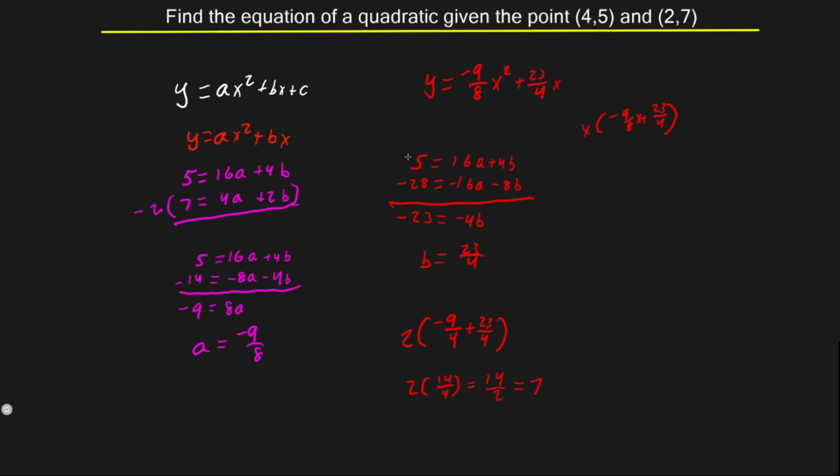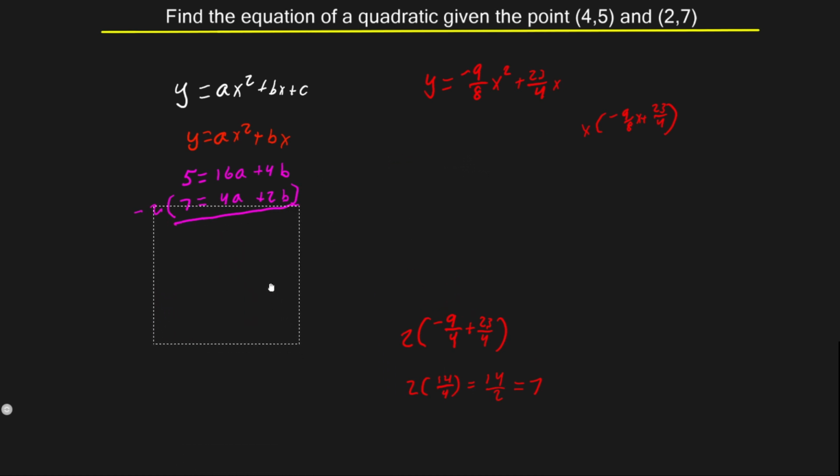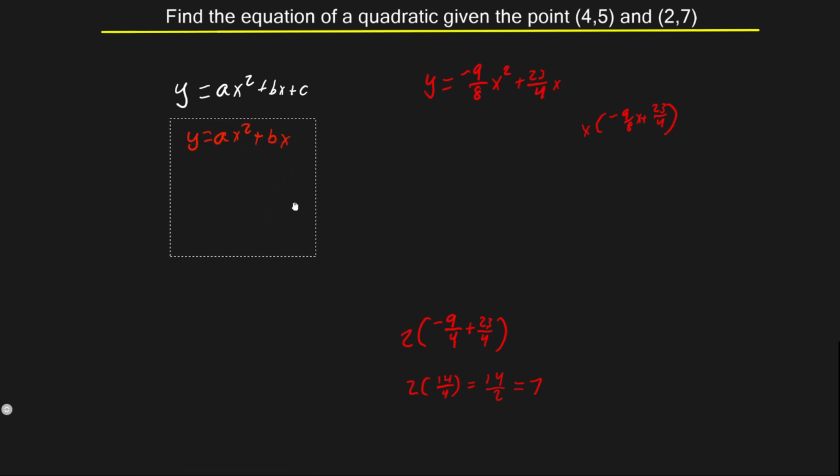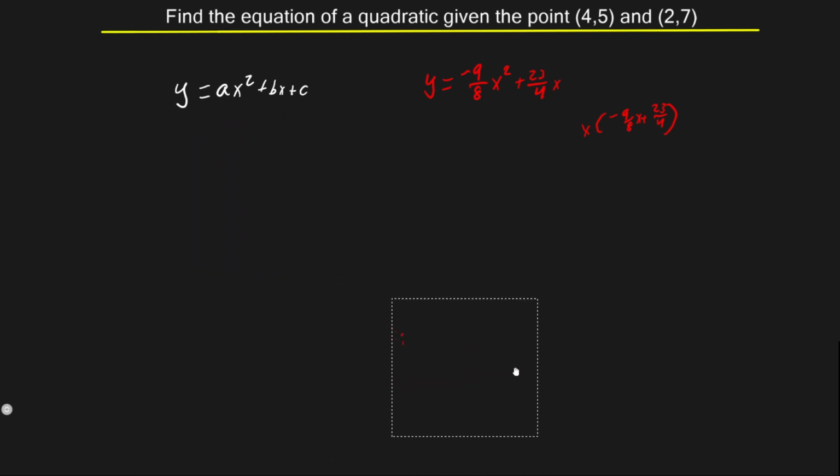But we want to go ahead and just plug in 4, 5 to see if it does satisfy our 2 points. So we already have 7 and 2, or 2, 7. And now we're going to go ahead and plug in 4. So we have 4 times (-9 over 2 plus 23 divided by 4). And we're going to multiply -9 over 2 by 2.